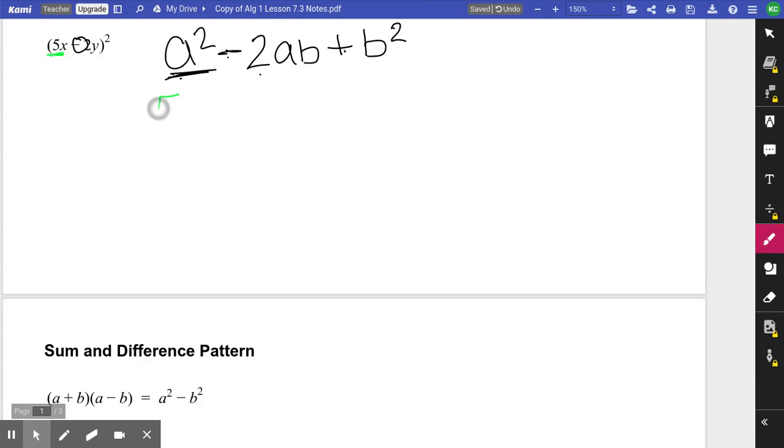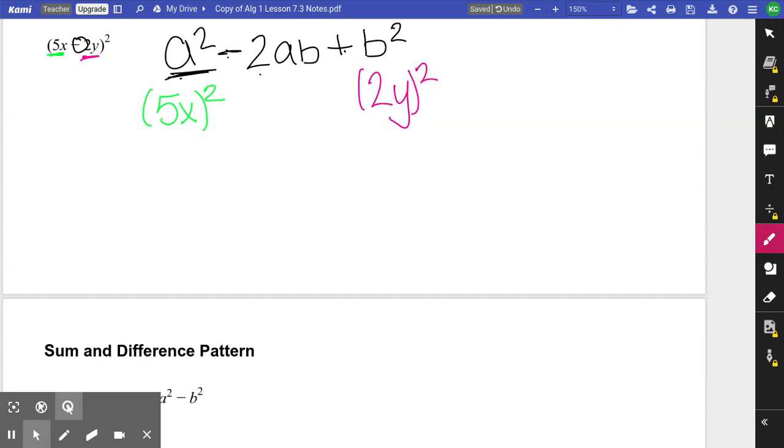So we're going to have 5x squared. B squared is going to be right here. So it's going to be 2y squared. And then remember, our middle number is 2ab. So we're going to take 2 times a times b.